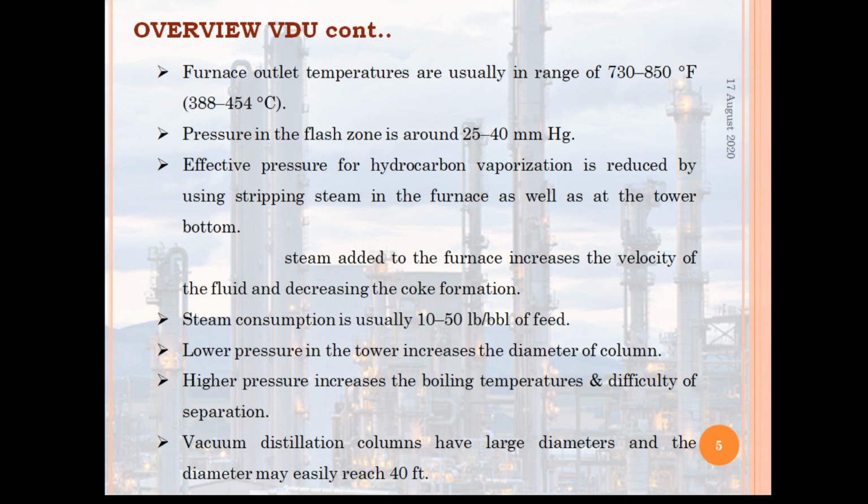And the steam consumption is usually 10 to 50 pounds per barrel of feed, and lower pressure in the tower increases the diameter of the column. This also we discussed in the last class, how the pressure is related to the diameter of the column. So lower pressure in the tower increases the diameter of the column, and higher pressure increases the boiling temperature and difficulty of separation.